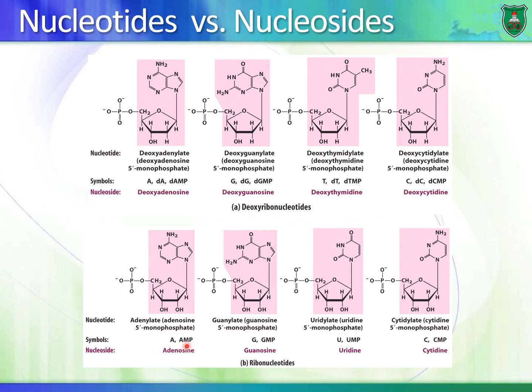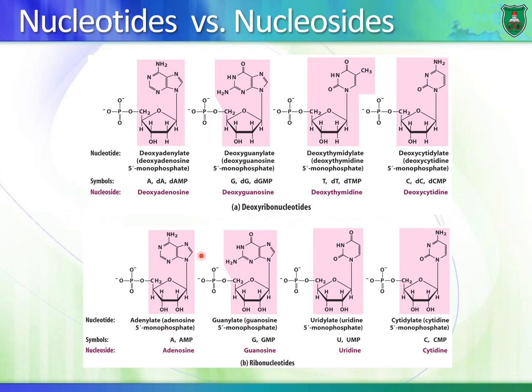It is abbreviated as AMP, or simply just an A. Now, if I say adenylate, adenylate means it's a simplified term for adenosine monophosphate. Just say adenylate. Now, let's look at the other one right here.